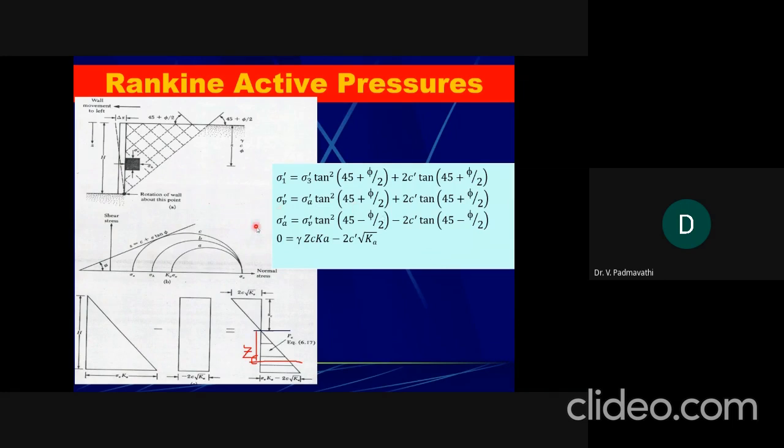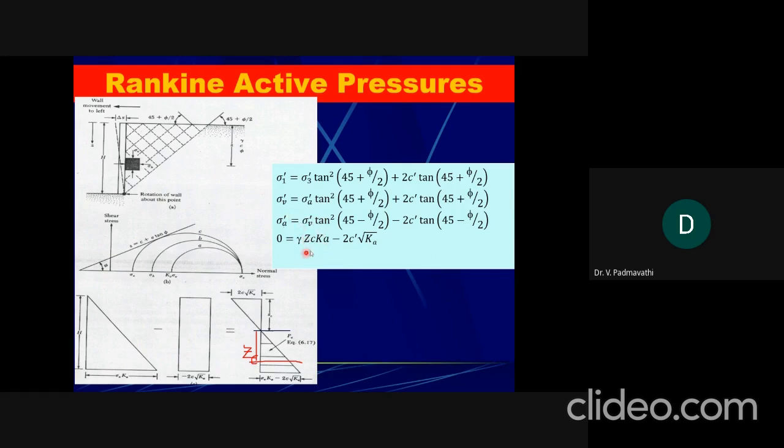Okay. So this is the expression, and whenever you have the rest condition, this sigma A is equal to 0. So if sigma A is equal to 0, then sigma V is gamma Z. Up to some extent, you can represent this as Z_C, which is indicating the critical depth.